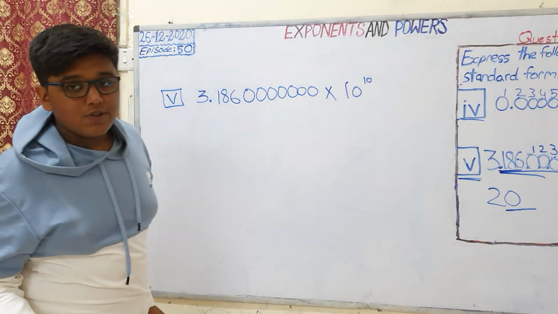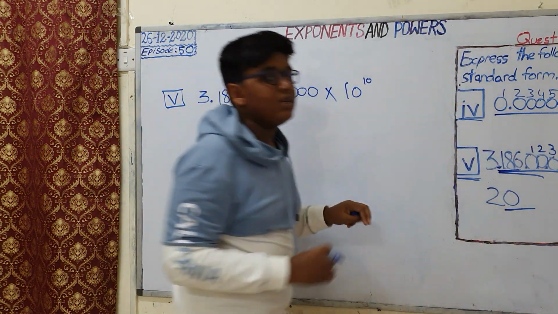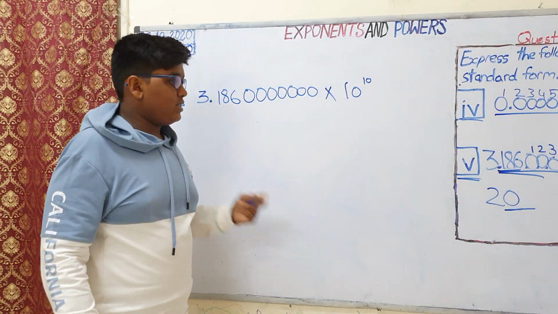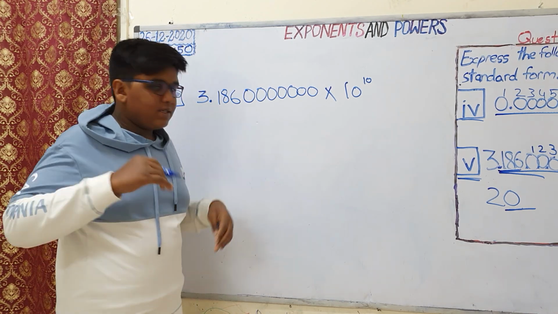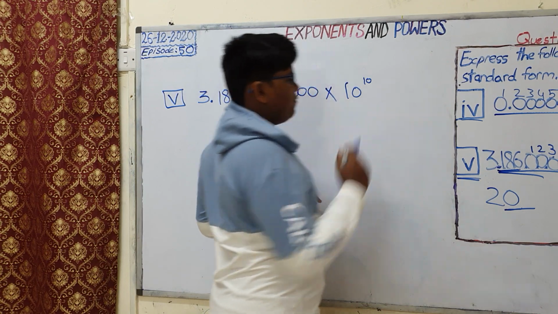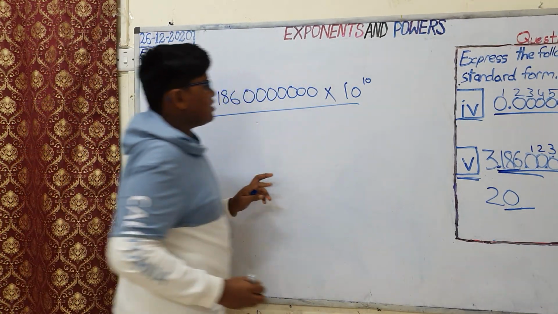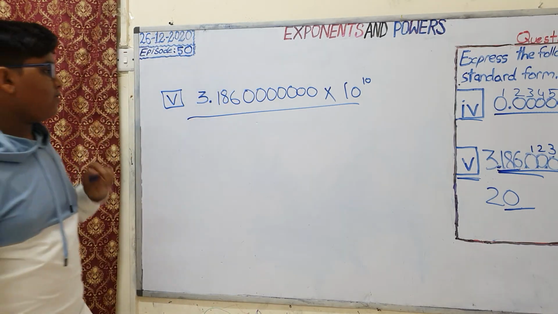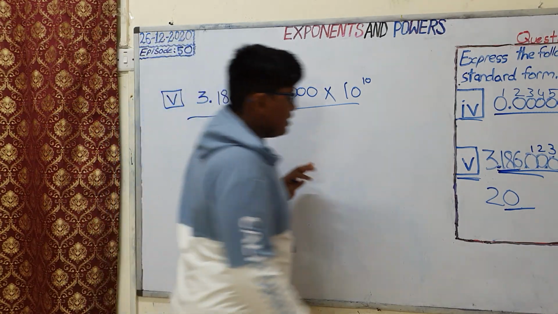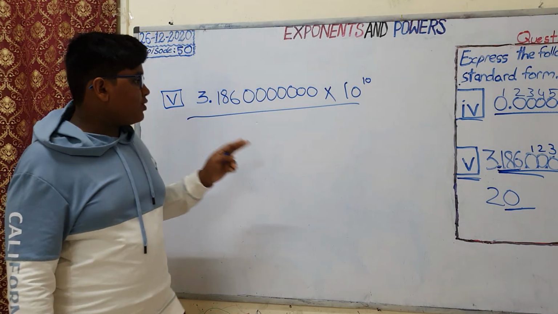We are not going to use the method which we used for the fourth one. Only for 3 and 5 we used a different method, and in this method we are not doing any calculations. We only find where to put the decimal point and write 10.